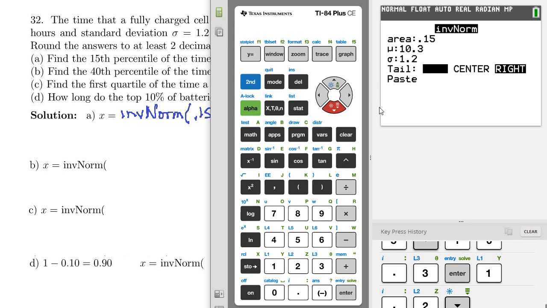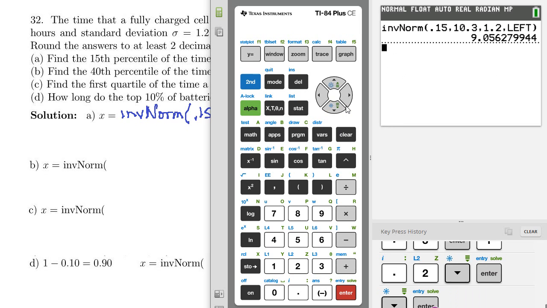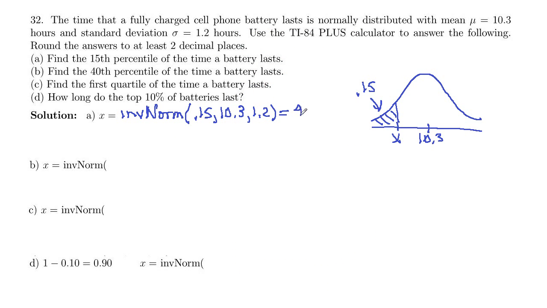And if you have the menu, you want to set it on left. If you don't have the menu, it's automatically left. 9.06 to 2 decimal places. So this x here is 9.06 hours, is the 15th percentile. So only 15% of the batteries will last 9.06 hours or less.